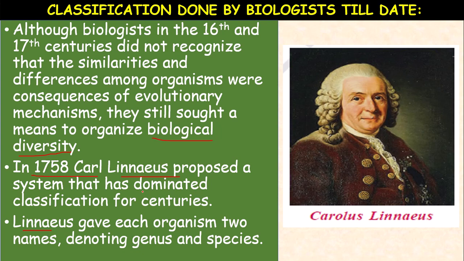For example, Homo sapiens, the scientific name of human beings. H starts with a capital letter. Homo is the genus. Sapiens is the species name. Homo sapiens stands for human beings.